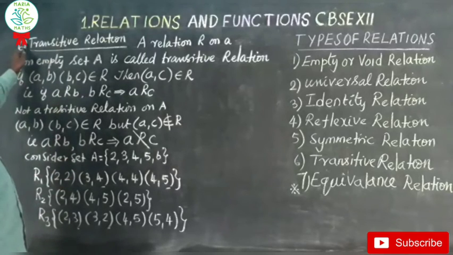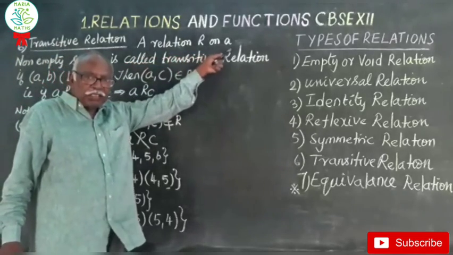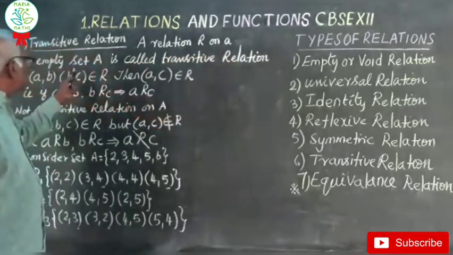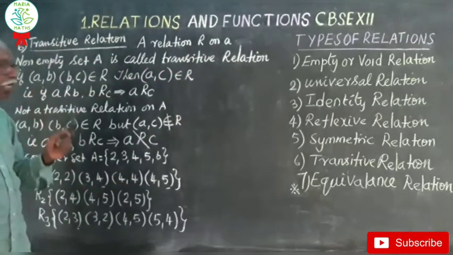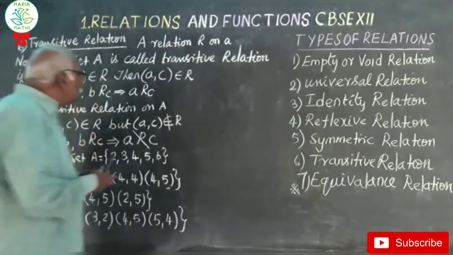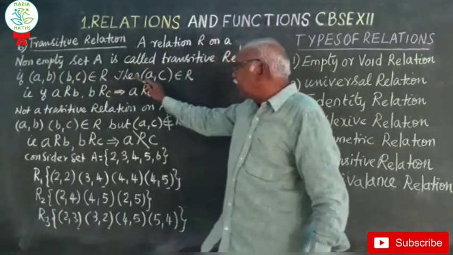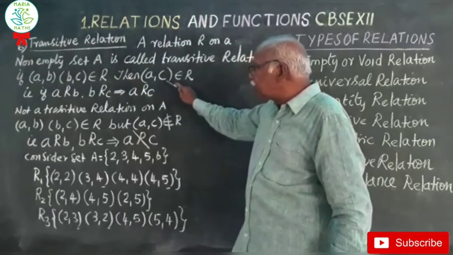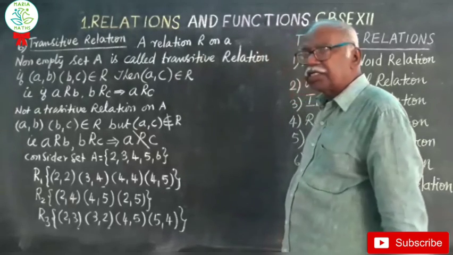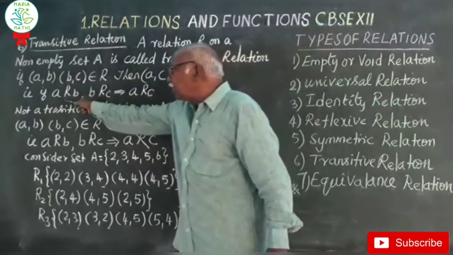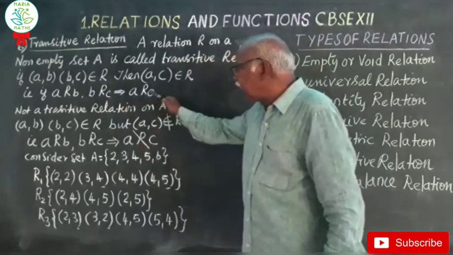Sixth relation, transitive relation. A relation R on a non-empty set A is called a transitive relation if the ordered pair (a, b) belongs to R and (b, c) belongs to R, then the ordered pair (a, c) also belongs to R. That is, if a is related to b and b is related to c, it implies a is related to c.